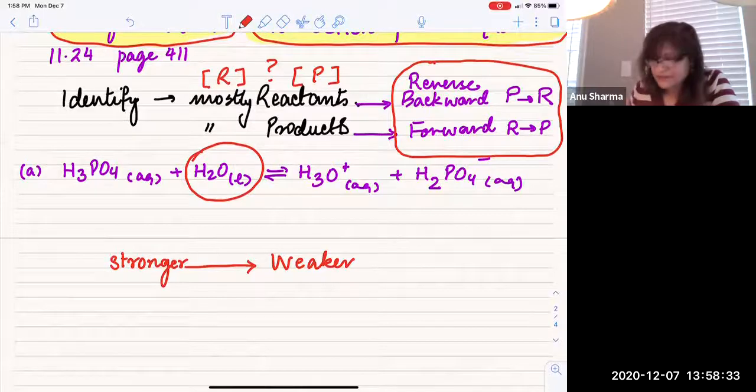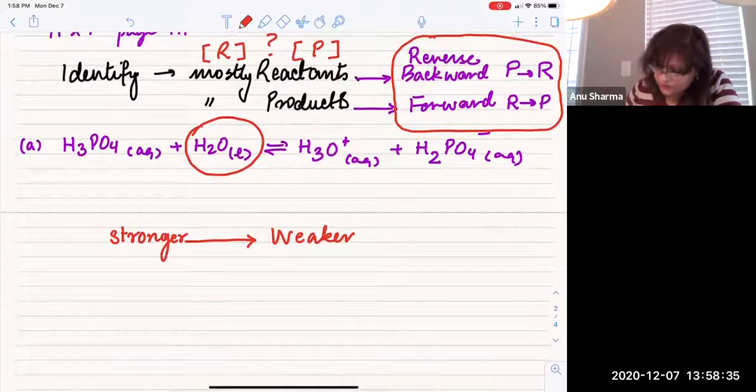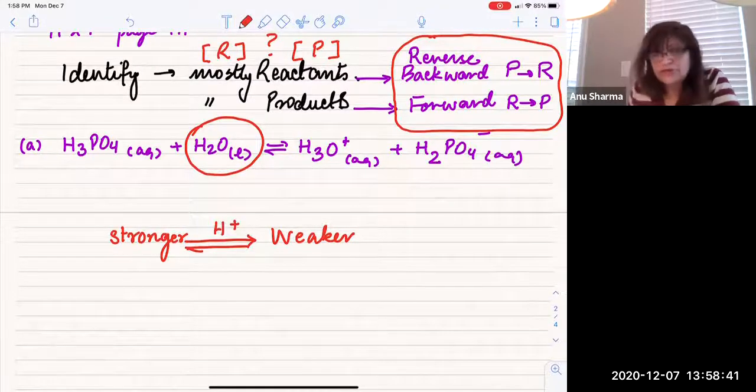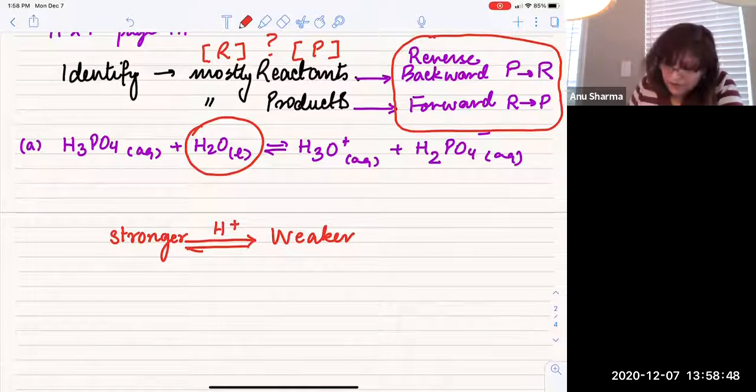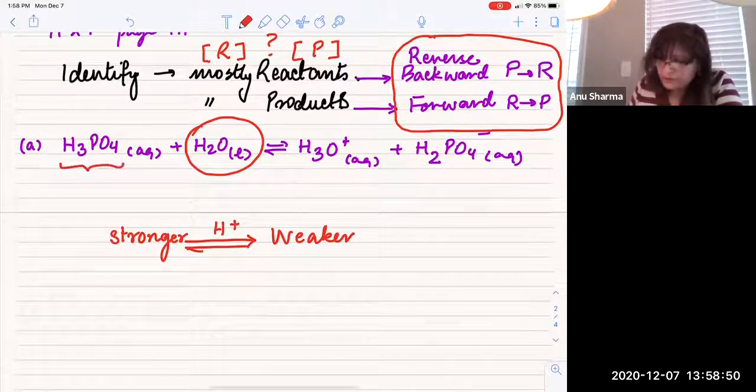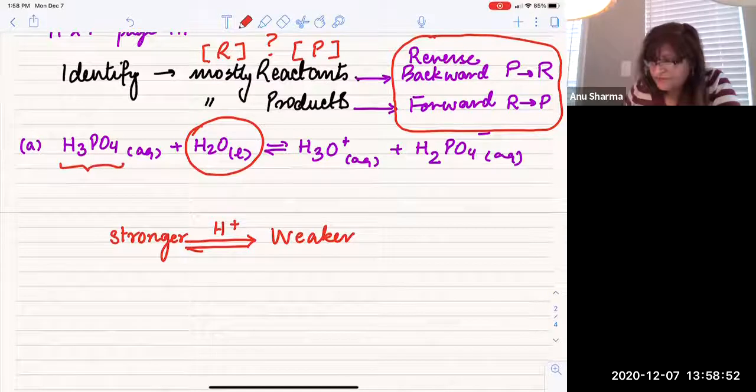It can be acid, it can be base. So when the proton is transferred in an equilibrium reaction, it's going to move from a stronger side. Water could be a stronger acid, a stronger base, a weaker acid, or a weaker base, which is why water is tricky. You need to look at what it is reacting with and which side is the stronger side. Whichever side is stronger, the direction of the equilibrium is going to be opposite of that side. It's going to move towards the weaker side.